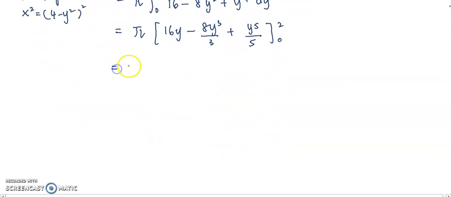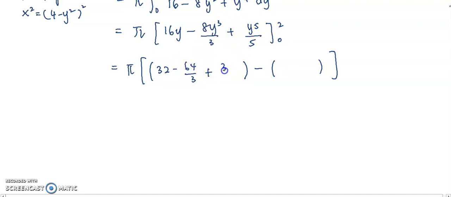Now we substitute the upper limit 2 and the lower limit 0. Putting in 2, you will have 32 minus 64 over 3 plus 32 over 5. Putting in 0, you get 0 for all terms. Then with the help of a calculator, calculate your final answer. The final answer should be 256 over 15 pi units cubed.